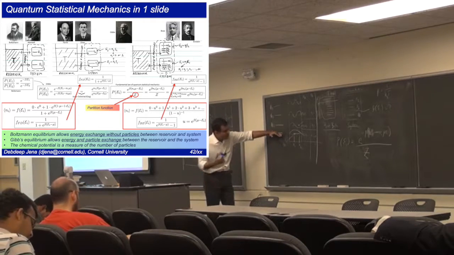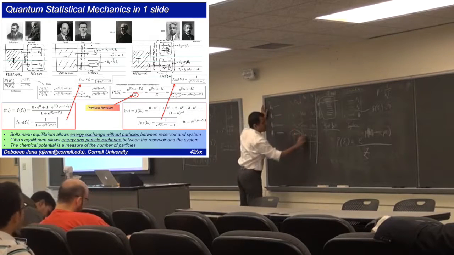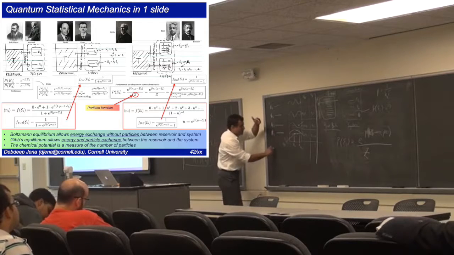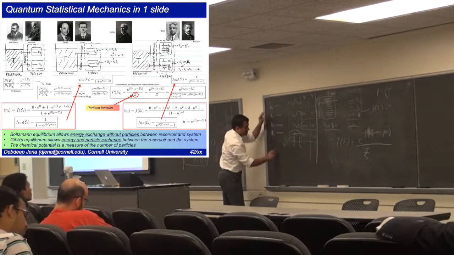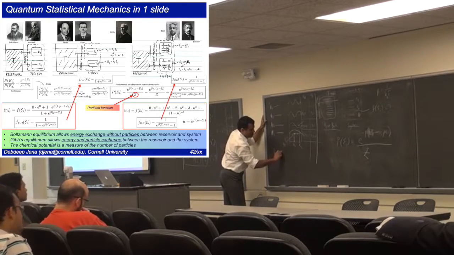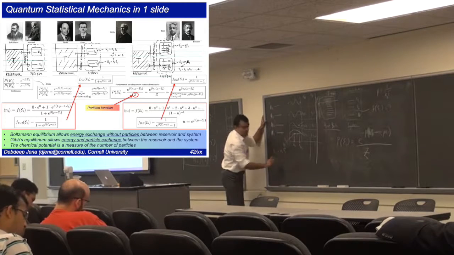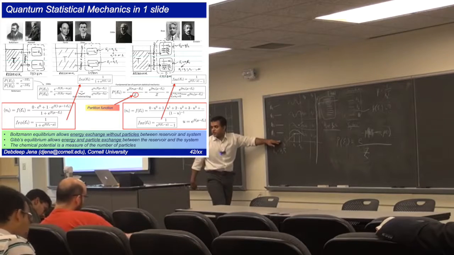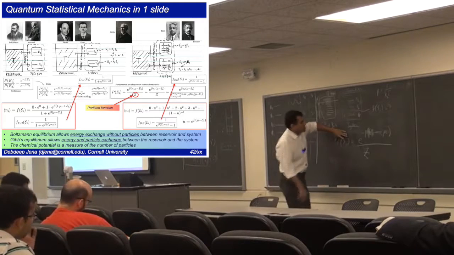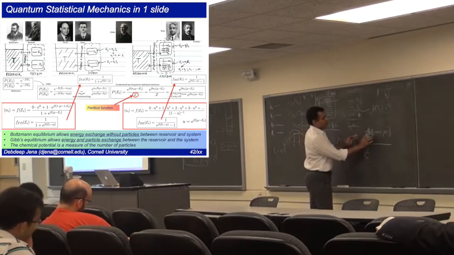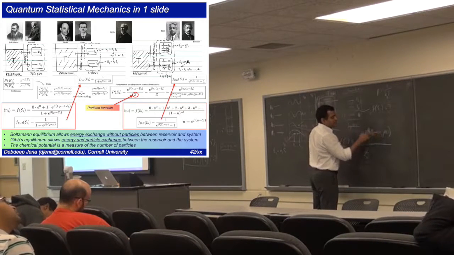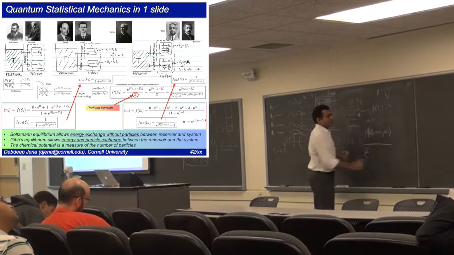But if I have two particles sitting in that energy level, the total energy because of that orbital, E1, will be N1 times E1. Does that make sense? How many particles there are times the energy of that orbital. That's the total energy of that. And the probability of Ni particles sitting in that orbital involves the number of particles times the energy of that orbital.